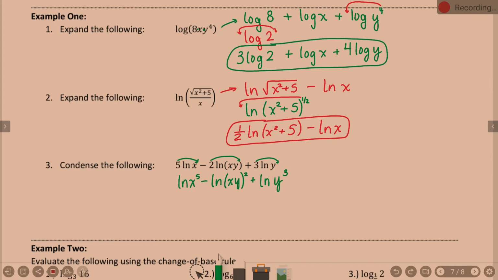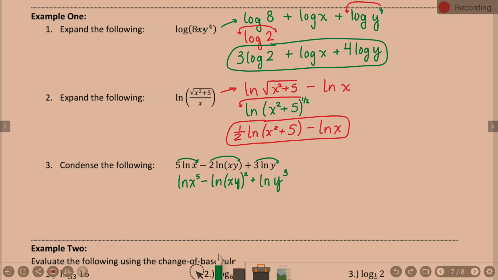Could we do the quotient rule between those first two terms? Yes. Okay. Now, why did I veto the product rule between those last two terms? This guy has a negative out front. If something's being subtracted, it's going to have to be part of a quotient rule. In order to do a product rule, it's going to have to be a positive and a positive.